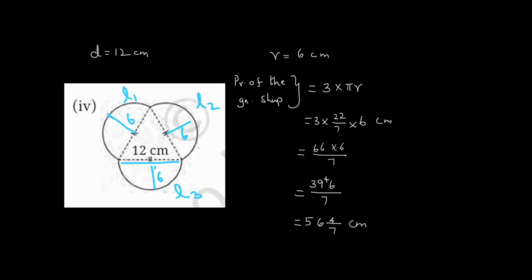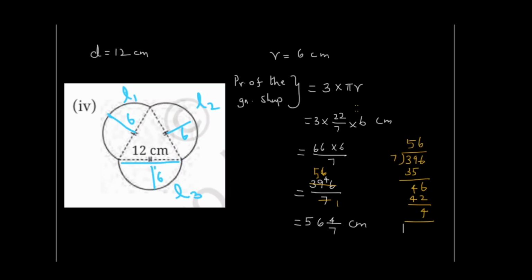We reduce as it is. Otherwise, do the division separately. 396 divided by 7, 5 times 35. Remaining 4, 46, 6 times 42, remaining 4. So, quotient into remainder divided by the divisor.